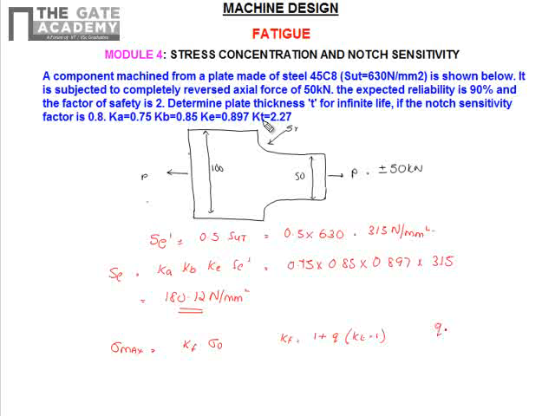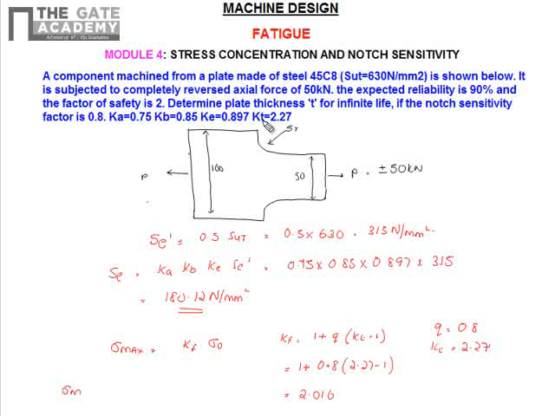The notch sensitivity factor q is given as 0.8 and the theoretical stress concentration factor is given as 2.27. Therefore, the fatigue stress concentration factor can be written as 1 plus 0.8 into 2.27 minus 1. That is equal to 2.016, the fatigue stress concentration factor.